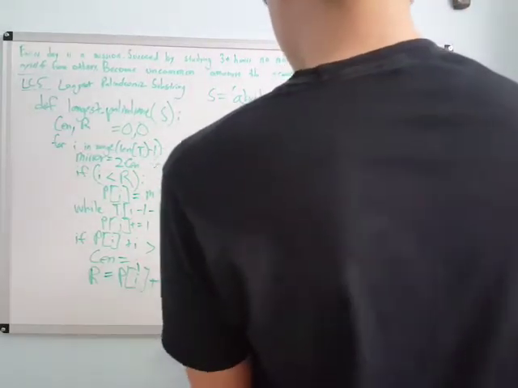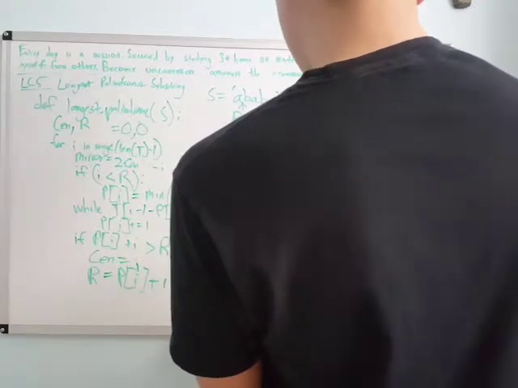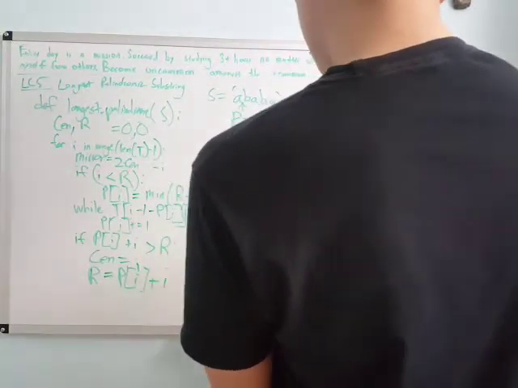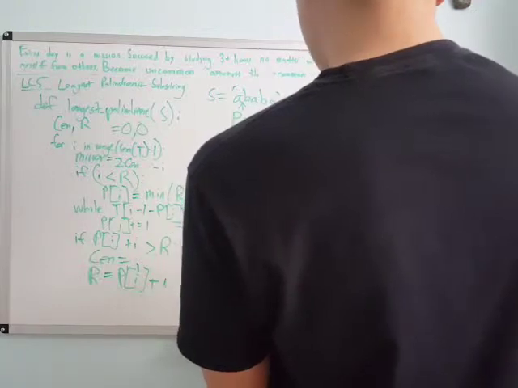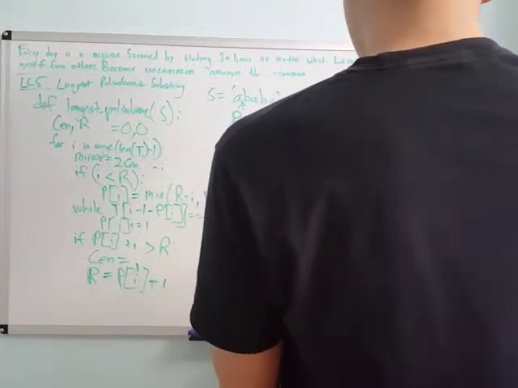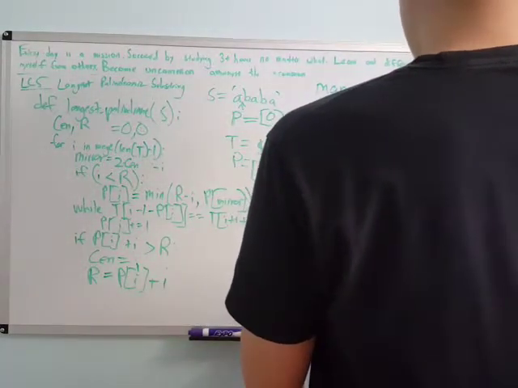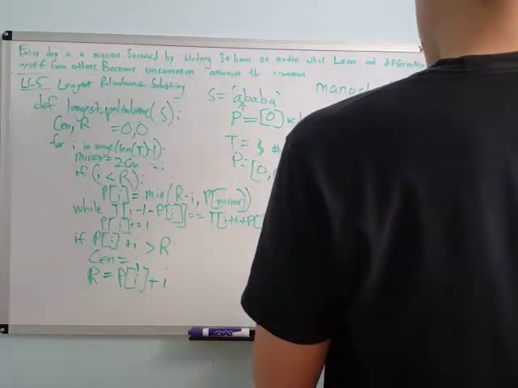So T is equal to $, pound, A, pound, B, pound, A, pound, B, pound.